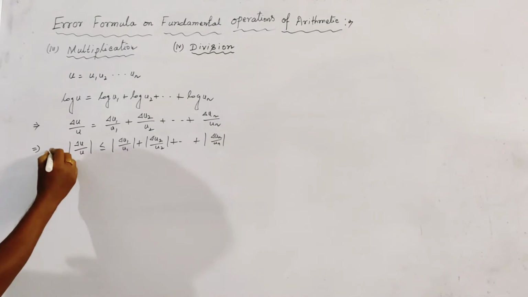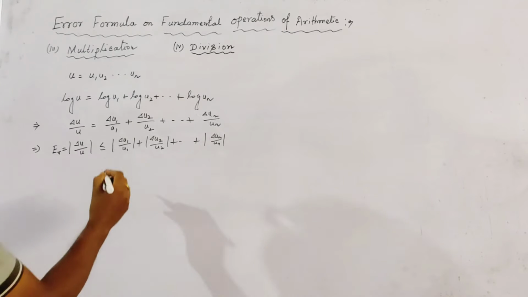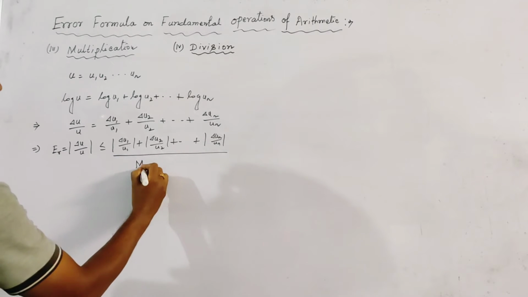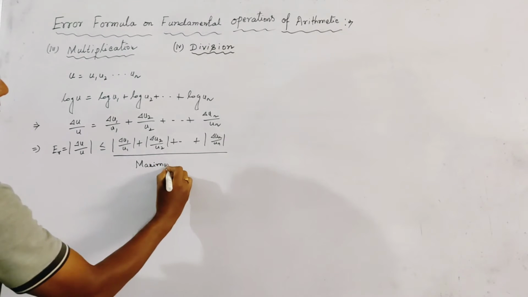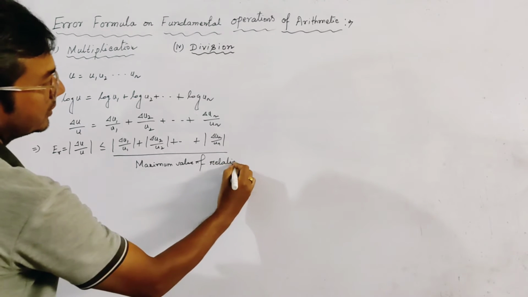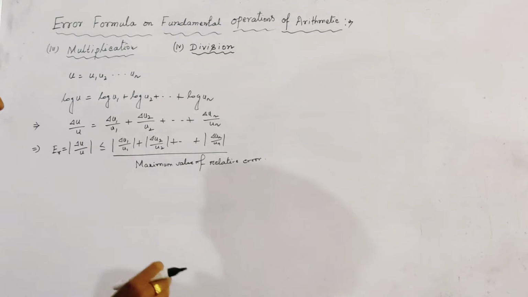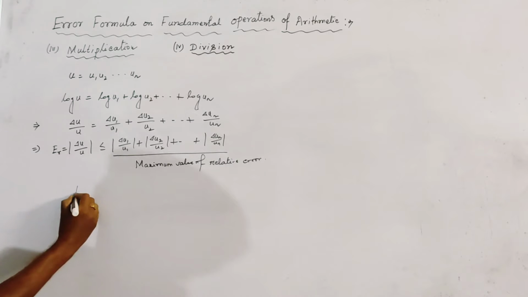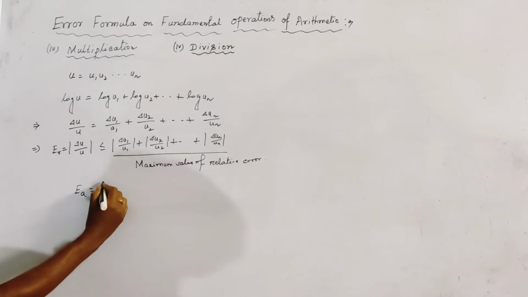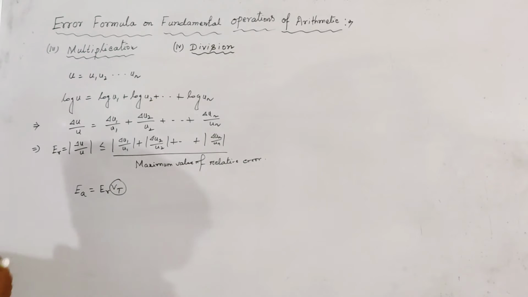We know that the relative error ER = delta u by u, and this is the maximum value of relative error. If we want to find the maximum value of absolute error, then we know that EA = ER into the true value of u.